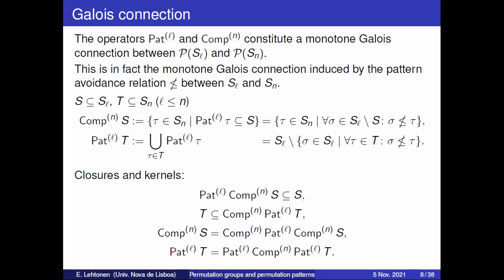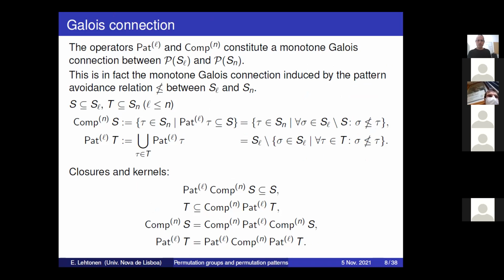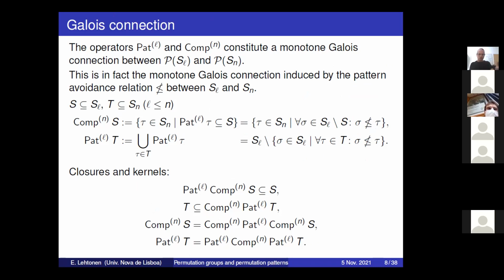For those who are familiar with Galois connections, this would be the monotone Galois connection induced by the pattern avoidance relation between these two levels in the diagram.